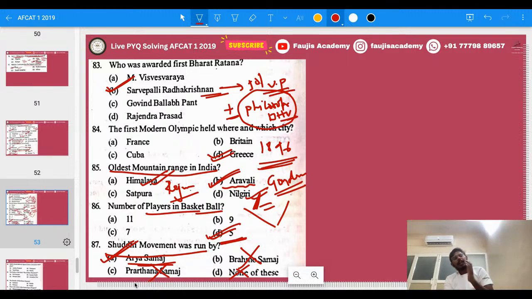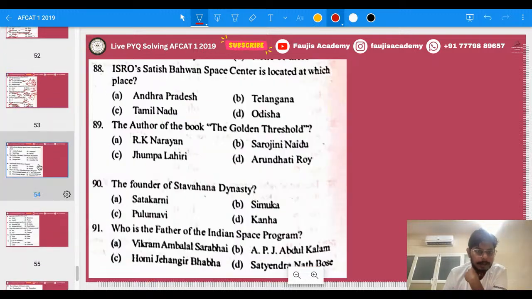Shuddhi movement, as the name suggests, was a movement wherein those Hindus who got themselves converted to Islam or Christianity and all that stuff were reconverted back into Hinduism. So that was the stuff, and that was initiated by Arya Samaj.